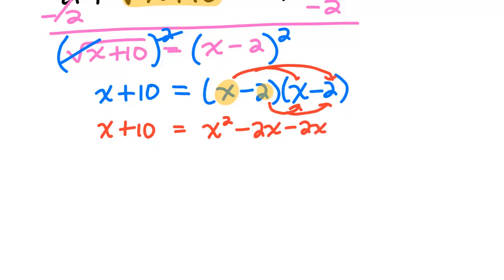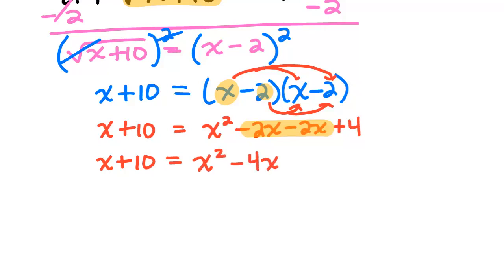And negative 2 times negative 2 is positive 4. Now I need to combine like terms. So I have x plus 10 equals. I have these two like terms right here, negative 2x and negative 2x. So that's x squared minus 4x plus 4. Again, that negative 2x and negative 2x became a negative 4x.